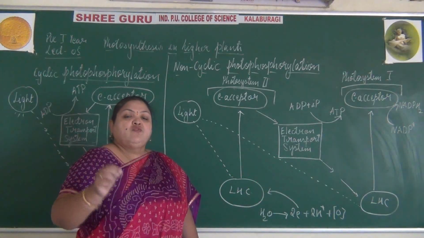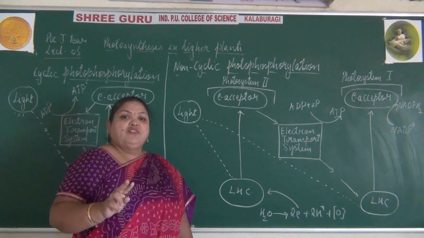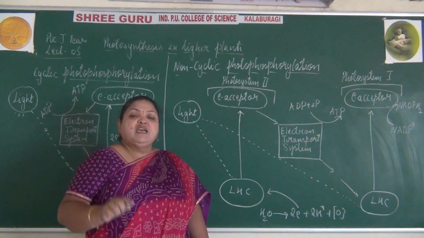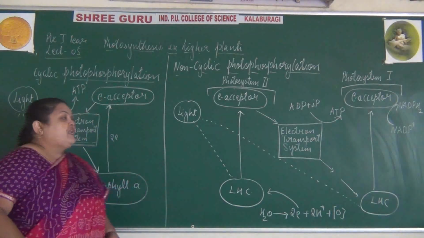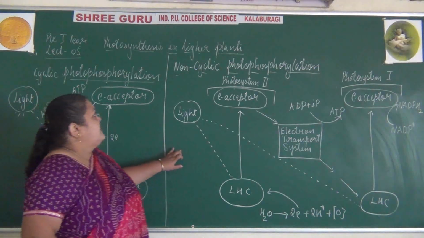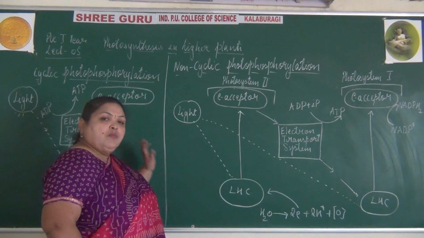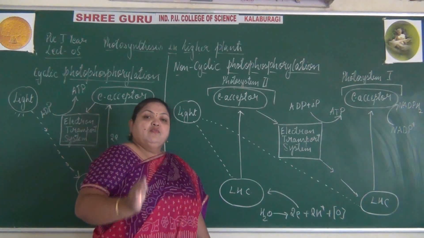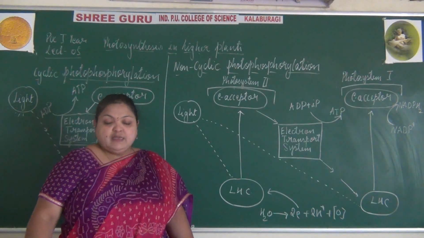In this photophosphorylation, there are two processes of the light reactions. Based on the movement of the electrons, there are two types of photophosphorylation: one is cyclic photophosphorylation and the other is non-cyclic photophosphorylation. On the board, the schematic representation of the photophosphorylation is being displayed.